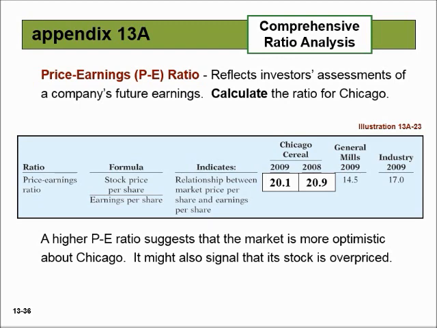A higher price to earnings ratio tells us that people are wanting that stock. So they think that our business is going to do pretty well, and so the price is up there compared to what our earnings per share was. So if we take a look at us, 20.9 and 20.1 in 08 and 09 respectively, it went down a little bit, but it's way above the industry average and General Mills as well, and so people want us a little bit more.